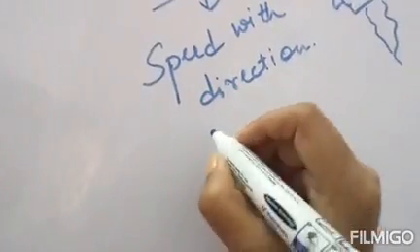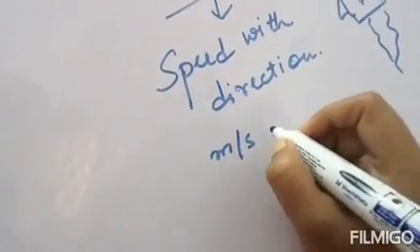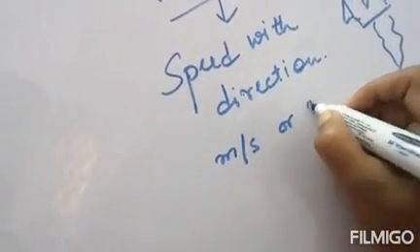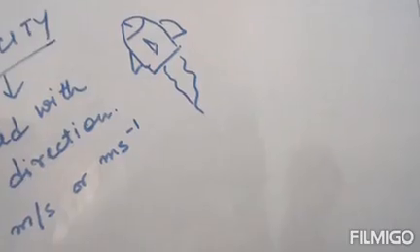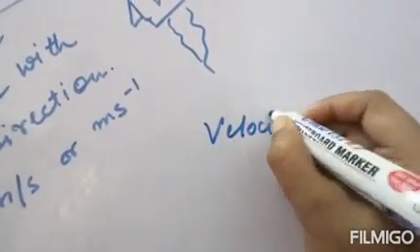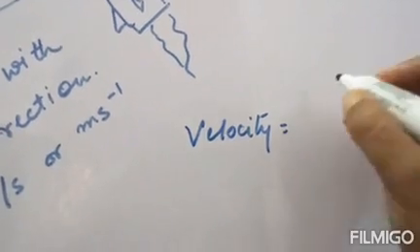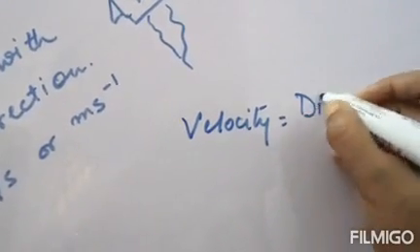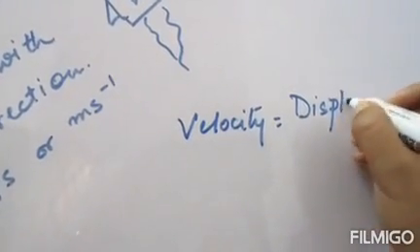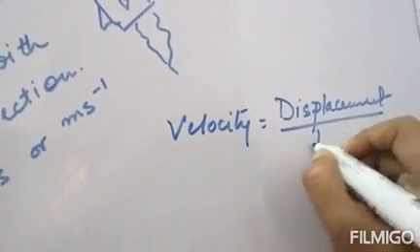And what is the SI unit of velocity? SI unit is again meter per second, or meter second to the power minus 1. How to find out velocity? In case of speed we use distance, in case of velocity we will be using displacement by time taken.